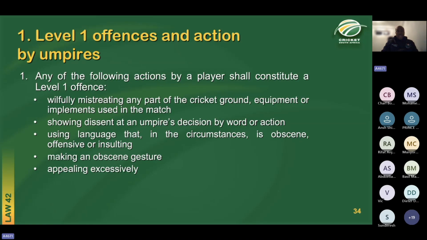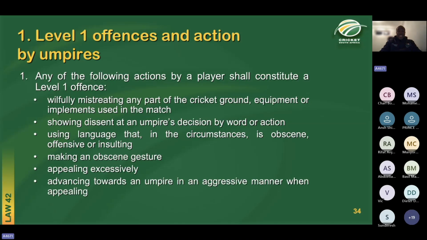And that is a good bit of teamwork if that striker's end umpire says, enough now, one appeal is sufficient and it has been answered. It's not out. Let's move on. And you can say that any more excessive appealing will be dealt with by a level 1 report.